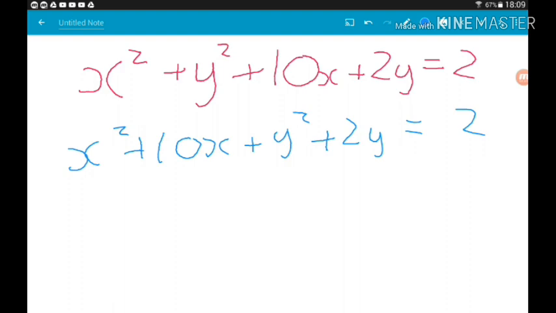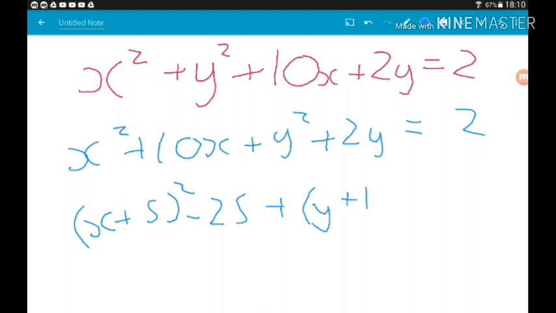So, x squared plus 10x goes to x plus 5 squared minus 25, and then y squared plus 2y goes to y plus 1 squared minus 1, and then that is all equal to 2.